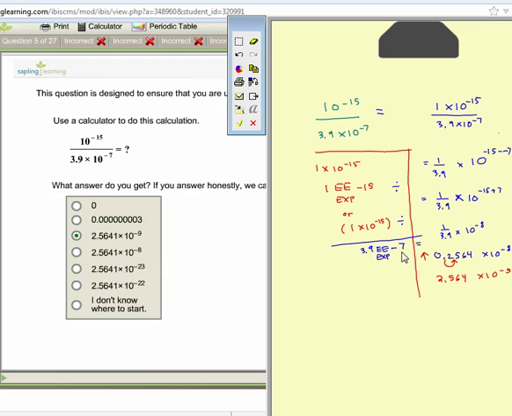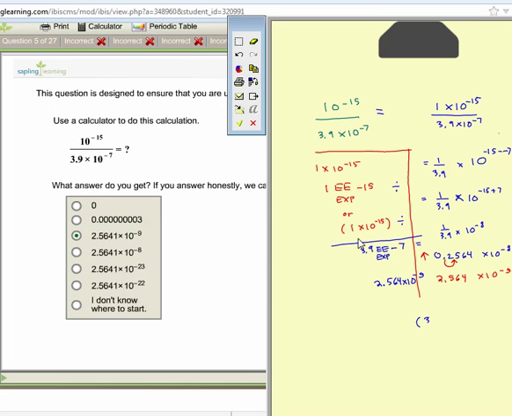I'm doing mine on my calculator just to make sure I get it. When you hit the equal sign, you should get 2.564 times 10 to the minus 9th. You could also do this using parentheses, and I'll put that down here.